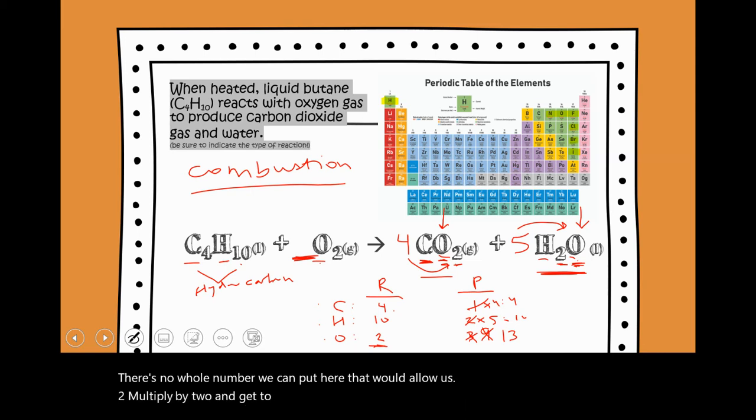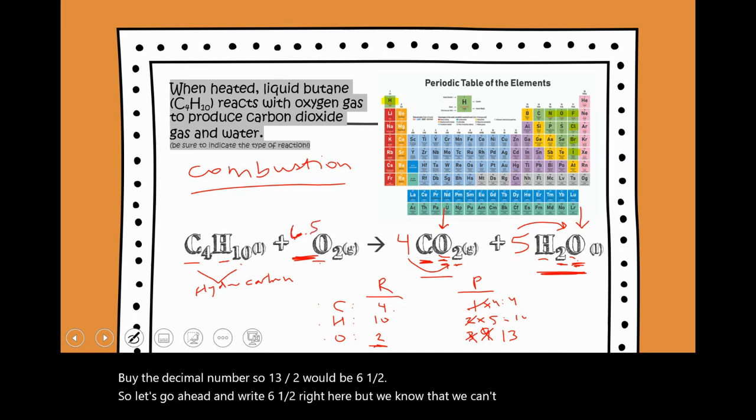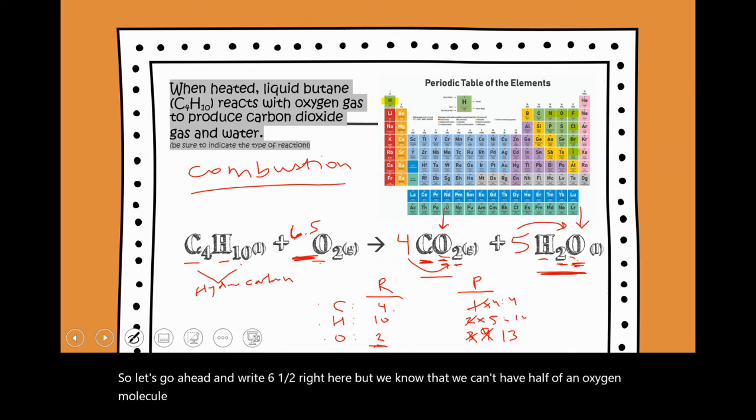So here's the trick. We are going to multiply this by a decimal number. 13 divided by 2 would be 6.5. So let's write 6.5 right here. But we know that we can't have half of an oxygen molecule. It's there or it's not. So we can't keep this, but this is going to help us for right now.